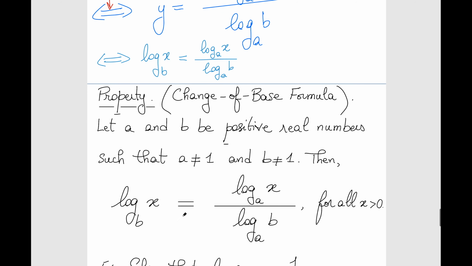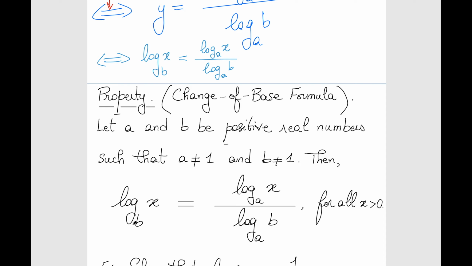Why is this useful, as I said? For instance, in the calculator, you don't have log base 3. You only have ln, which means log base e, or log, which means log base 10. So if you want to find log base 3, choose a to be either 10 or e, and then use the calculator for this side to actually deduce this side, right?